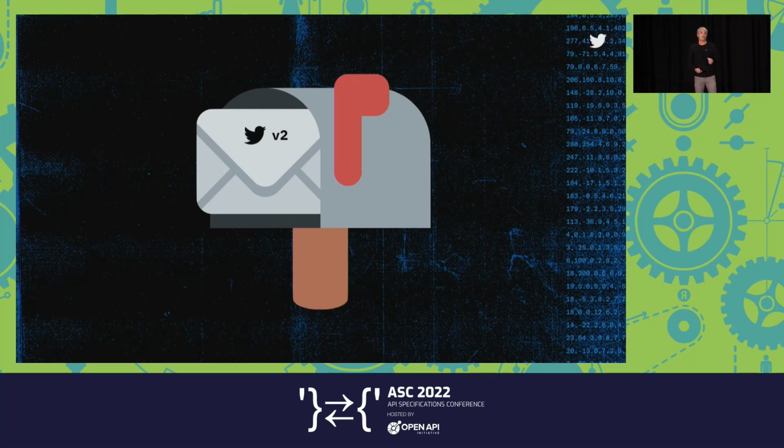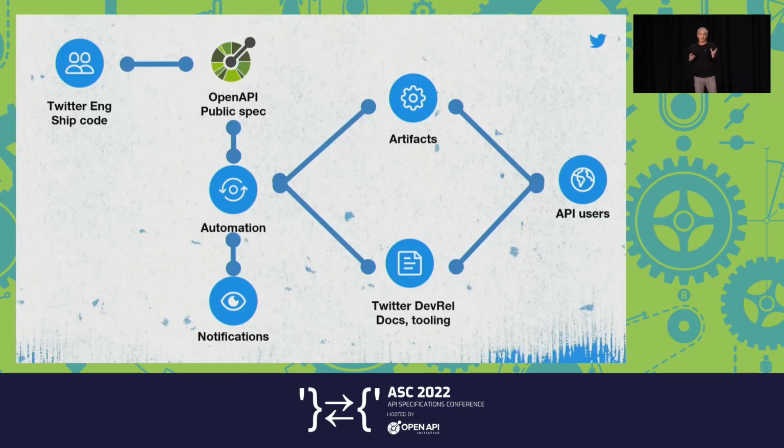That fixed a ton of issues already, helped us represent the end customer, the developer, much more efficiently than before, but also had good implications on the overall workflow. And now we have a structure that, all in all, looks like this. Putting the OpenAPI spec at the core, at the hub of all this, when Twitter ships code that touches the public API, then it has to touch the OpenAPI spec as well.